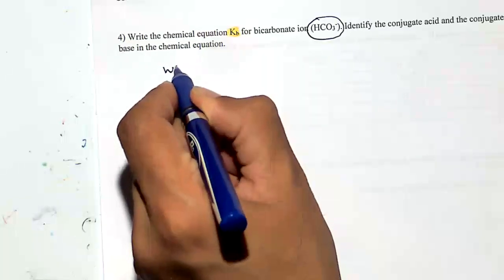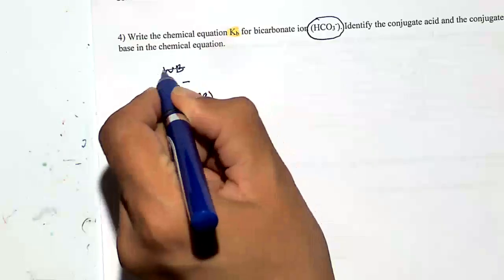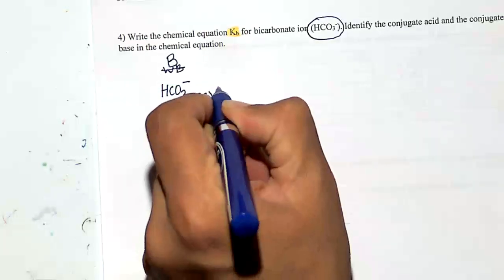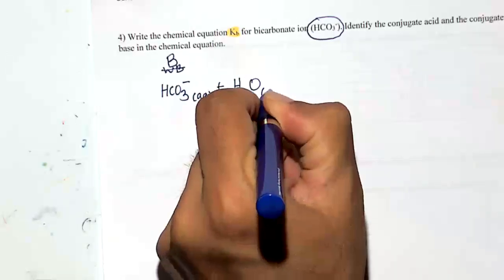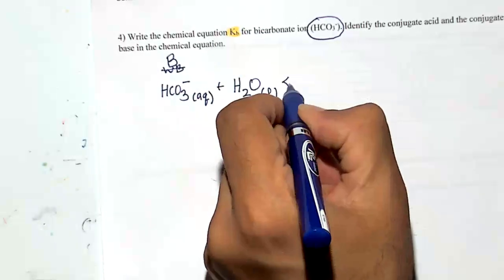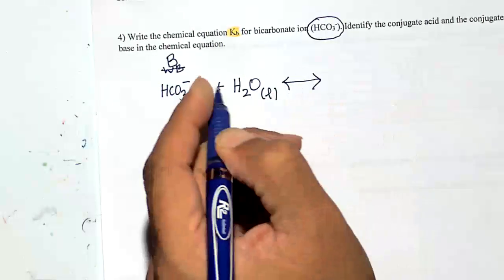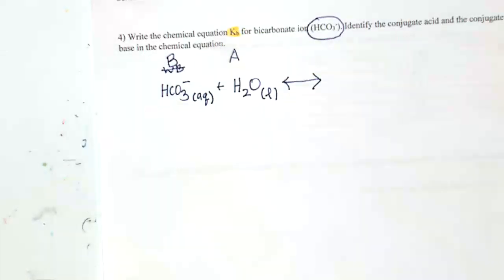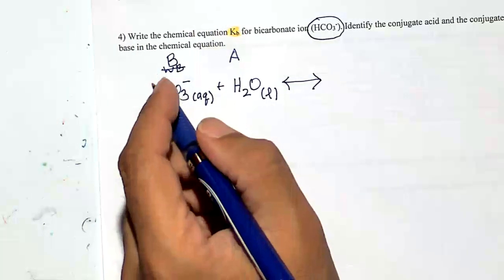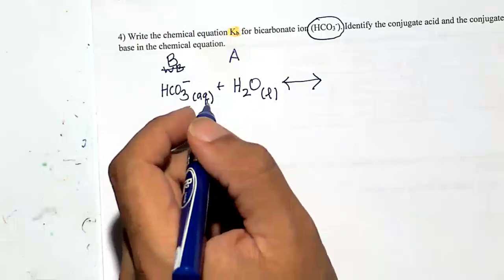So this is the weak base, I'll just call it base. What will it react with in the Kb? Water. Okay, so here, unlike the Ka reaction, in the Kb reaction, water is the acid. Water can be both an acid or a base. And what do bases do?